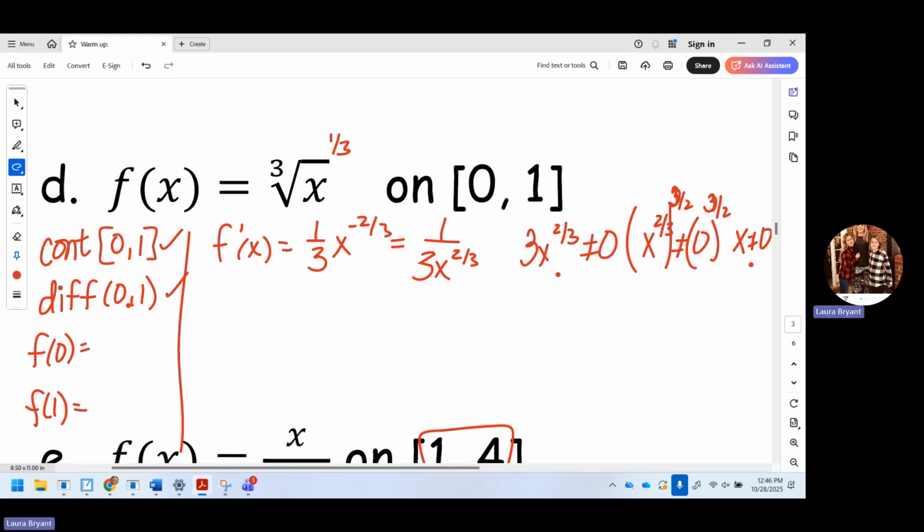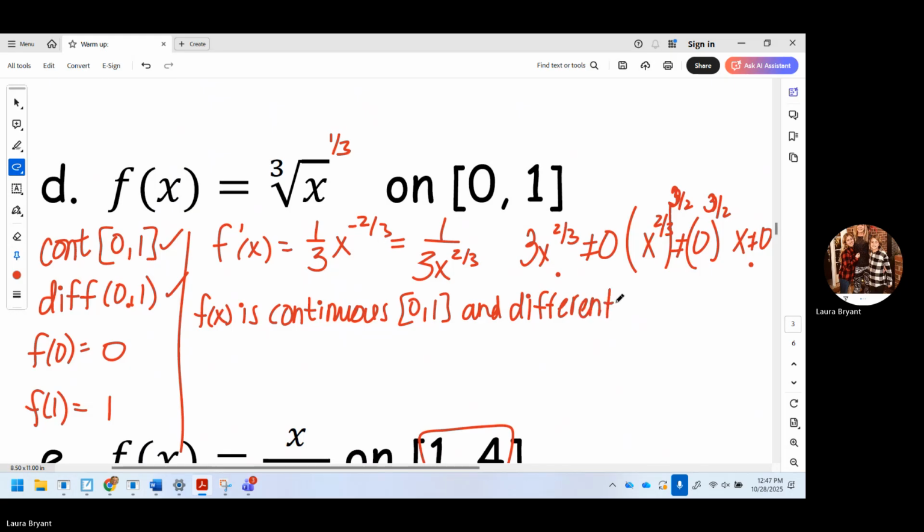If I plug 0 into the original, I get cube root of 0, which is 0. And if I plug 1 into the original, I get 1. And so it has to be mean value theorem because they're different numbers. The y values are different. Okay, so that sentence is f of x is continuous on the closed interval 0 to 1 and differentiable on the open interval 0 to 1.